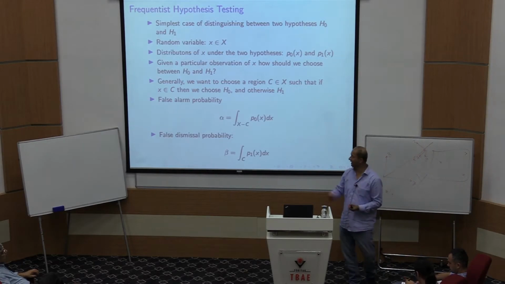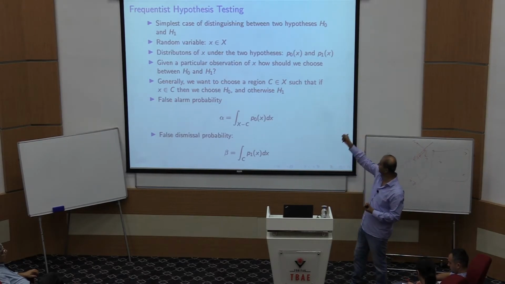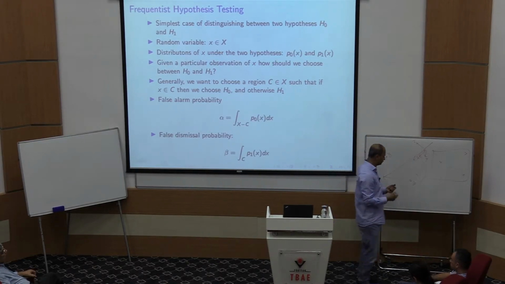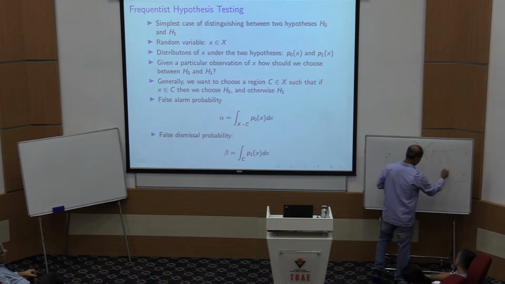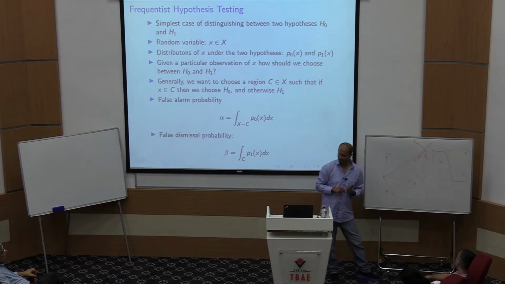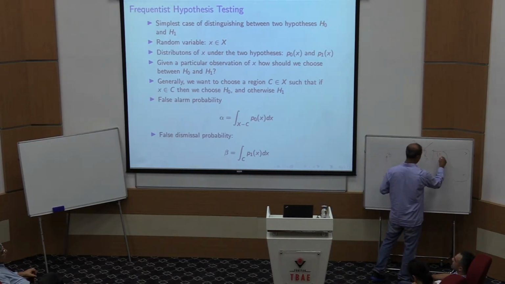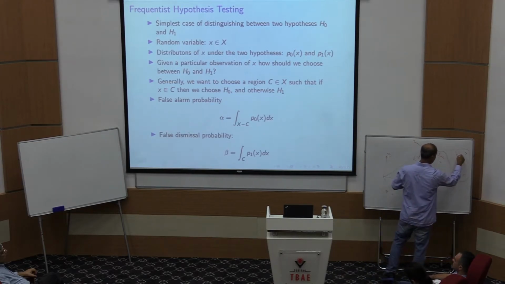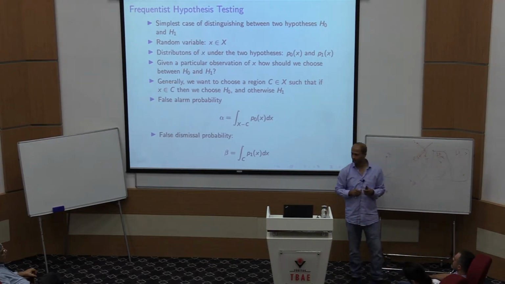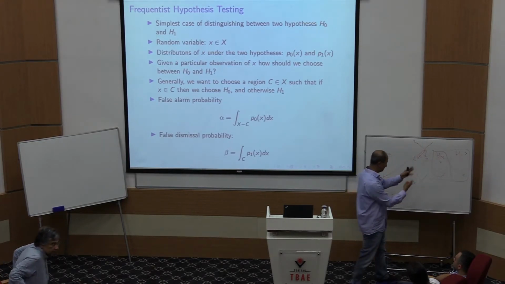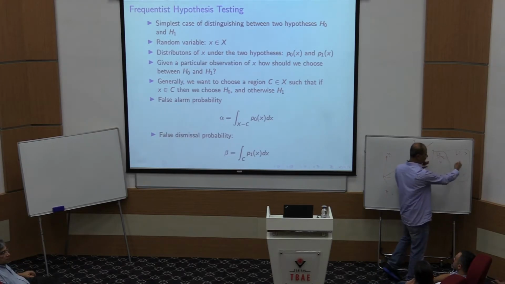How should you choose between H0 and H1? So what you want to do is divide this space into two regions, such that if the observation lies in this region, you choose, let's say, H0. If it lies in this region, you choose H1. The question is, how do you break up this observation space into these two different regions?